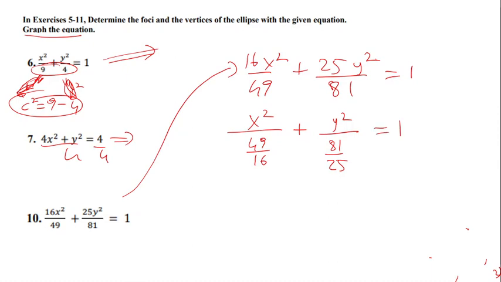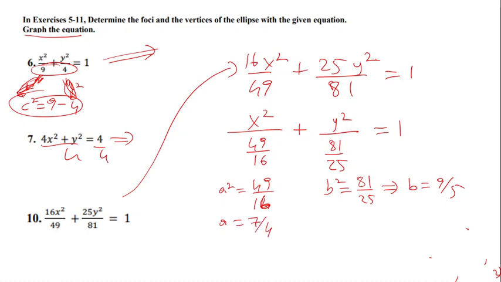Now we get a squared equal to 49 over 16, and b squared here will be 81 over 25. So b will be 9 over 5, and a will be 7 over 4.